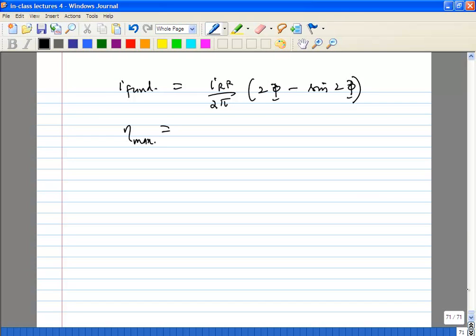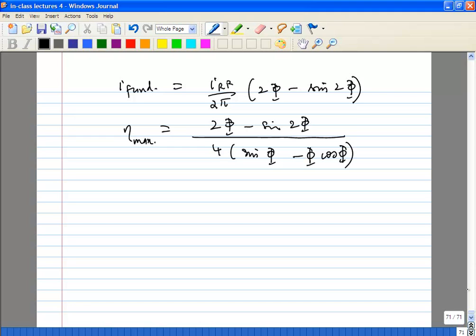So your maximum efficiency, you can assume that there's a swing of VDD at the drain to get your maximum efficiency. And that happens to be, I'll show you what happens. So it looks like 2 phi minus sin 2 phi over 4 times, it looks like this.